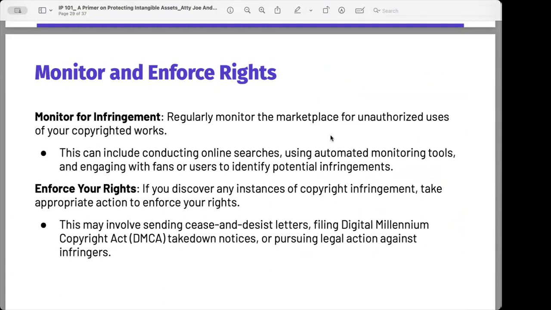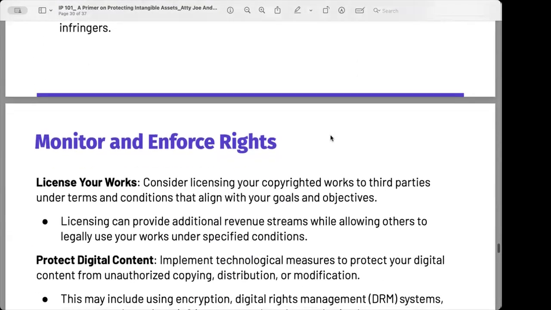So, depending on what kind of copyright you have, you do want to monitor it carefully to make sure that nobody is violating your rights. It's easier to enforce copyrights. A good cease and desist letter will often do the trick. But again, you have to know that it's being infringed or potentially infringed. Unlike trademarks, the fact that somebody got away with it and somebody else doesn't is irrelevant. So it's not like you have to sue everybody under copyright. It's just a good idea, obviously, to monitor and enforce all your rights.